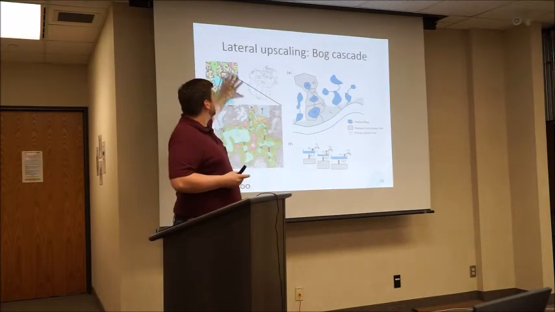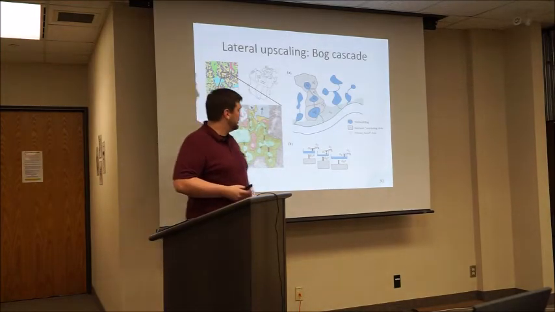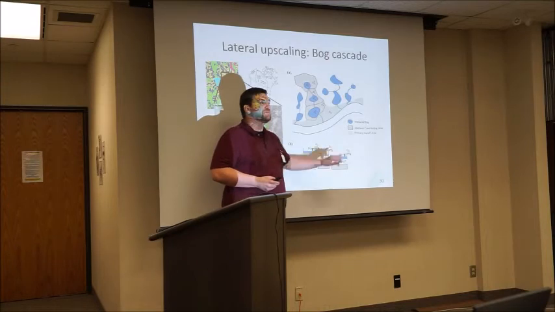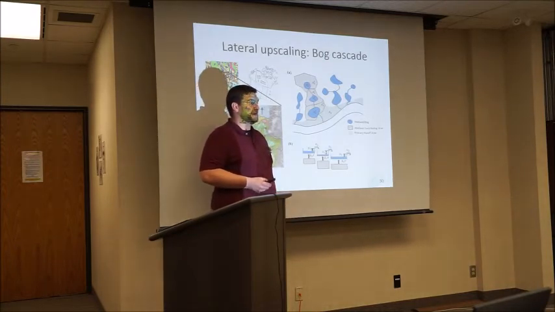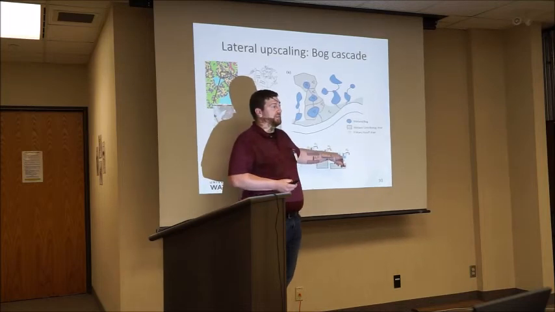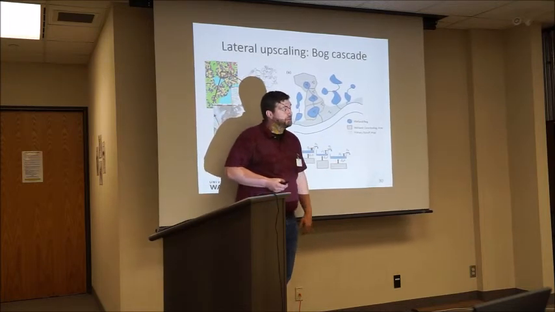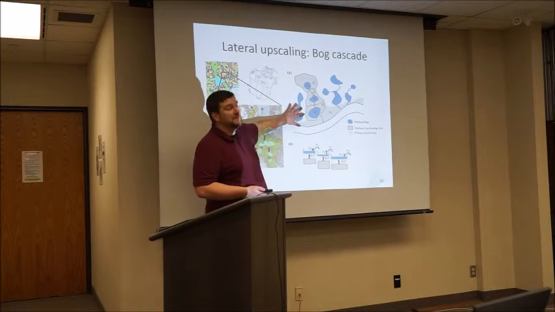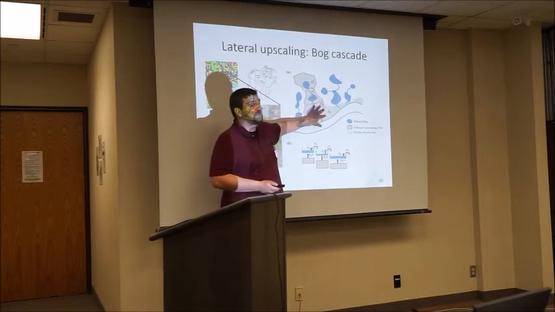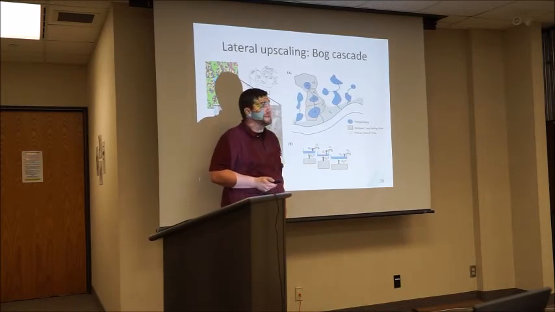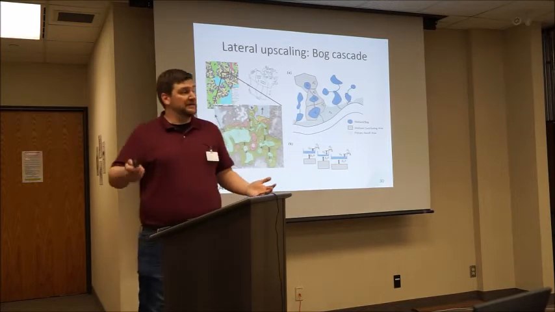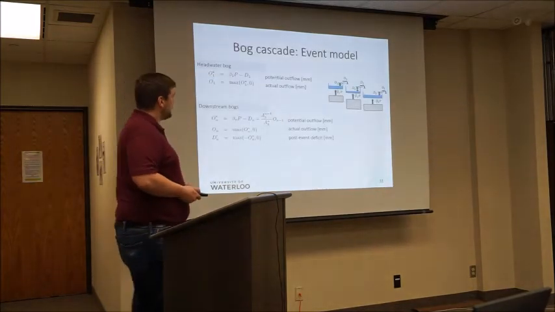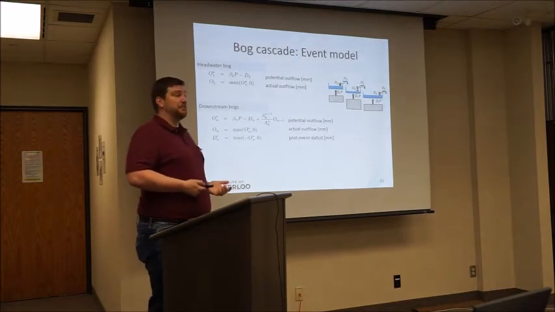We can't represent this system of tens of thousands of bogs using a single three-bog cascade, because it just wouldn't work. We'd have to fill up that one deficit before we saw any flow from the outlet, even though half of these may be overflowing and half of them might not be overflowing. So we can't just directly apply this using a local scale model to get the emergent response of the system. But we can take an extremely simple box model of the system.